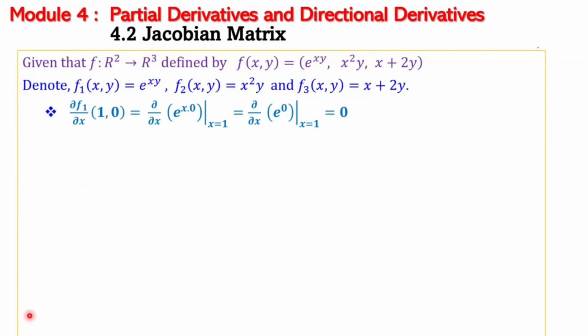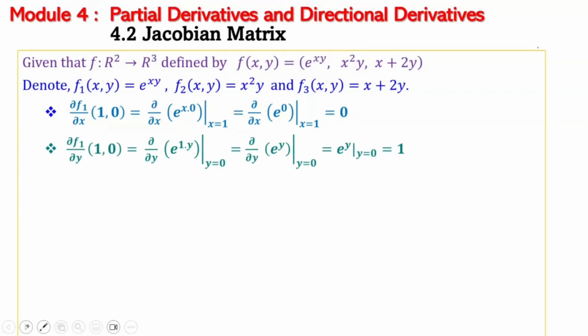Then we calculate the partial derivative of each component with respect to x and y. First, f1 with respect to x at the point (1, 0). By the same method, we put y equals 0 and keep x as a variable, and we get e to the power x·0, which is 1. Therefore the partial derivative is 0, so one entry is 0.